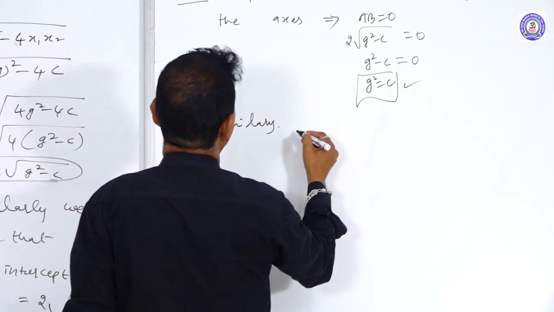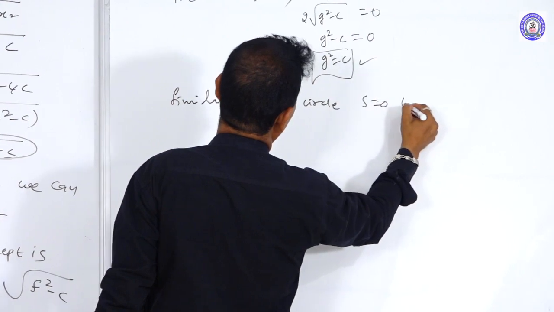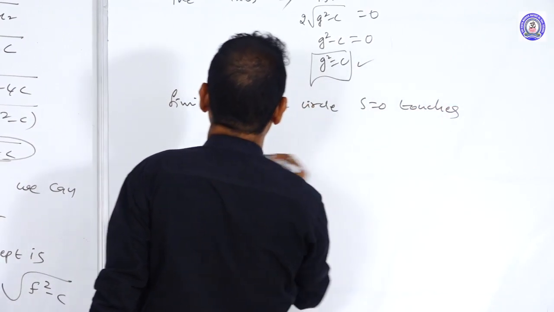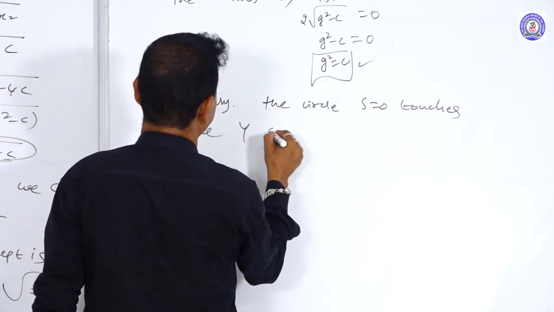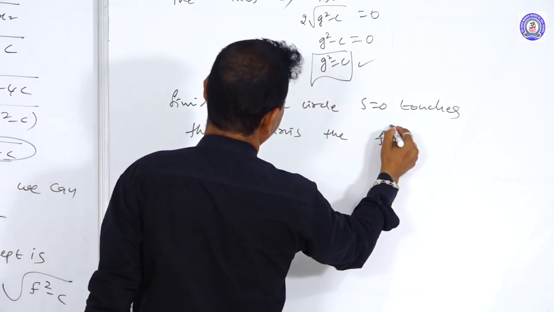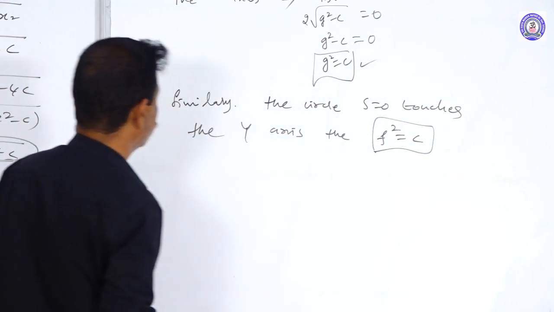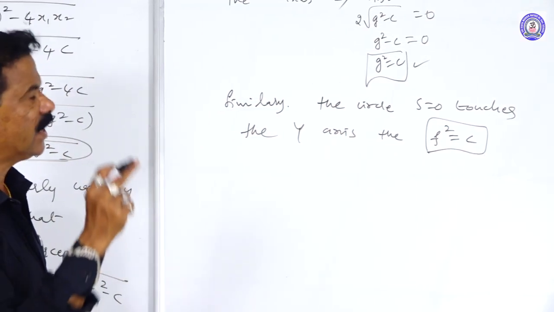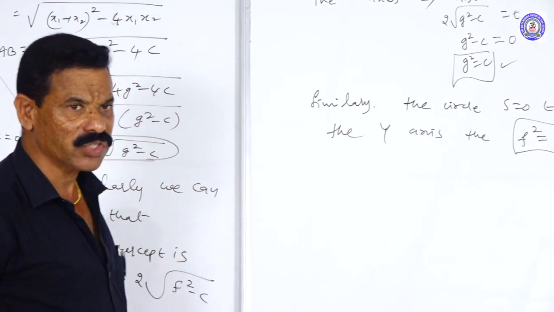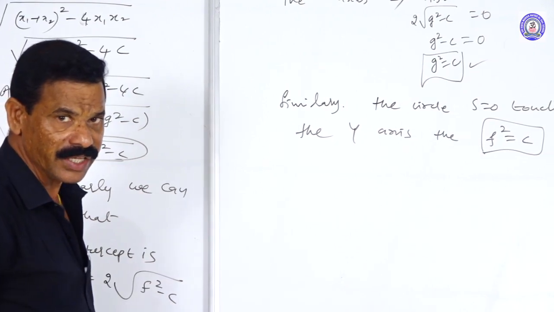And similarly, if the circle S is equal to 0 touches the y-axis, then f square is equal to c. If the circle touches the x-axis, the condition is g square is equal to c. If the circle touches the y-axis, f square is equal to c.